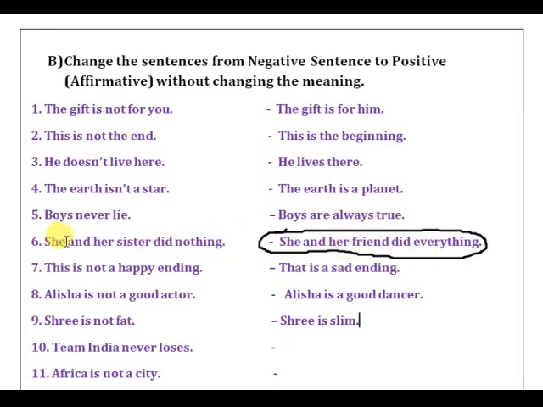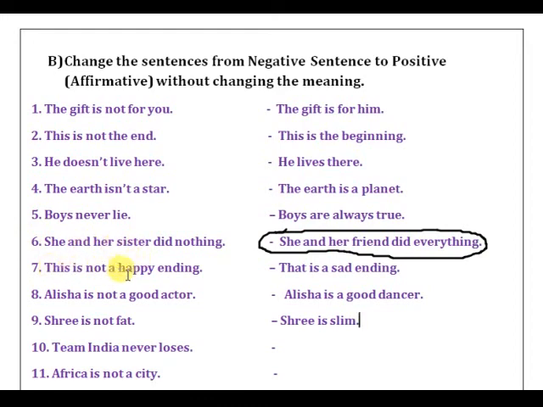If I had written "She and her sister did everything", this means there is no value for the statement that she and her sister did nothing. So I had to change two things here. "Nothing" became "everything" and "sister" became "friend", which does not change the meaning, which means she and her friend did everything and not her sister.